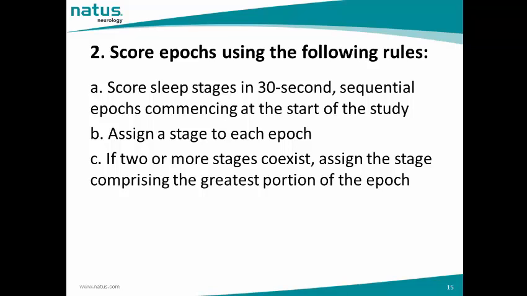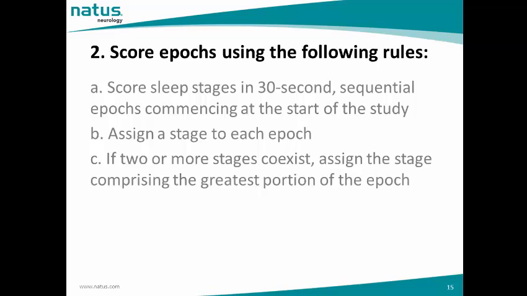As in adults, we need to score epochs using the following rules. Score sleep stages in 30 seconds. Assign a stage to each epoch. If 2 or more stages coexist, assign the stage comprising the greatest portion of the epoch.